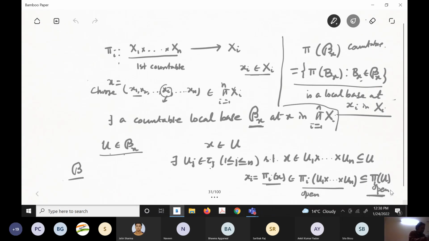Okay, fine. So this much is the product topology. Let me tell you something. When you have this product topology, suppose you have this and you have this.